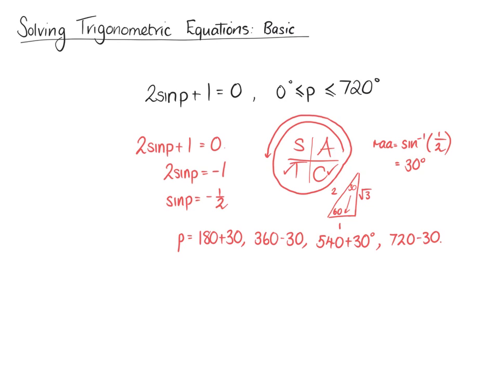Okay, so we get our 4 answers, which are 210 degrees, 330 degrees, 570 degrees, and 690 degrees. Okay? So that is solving basic trigonometric equations.